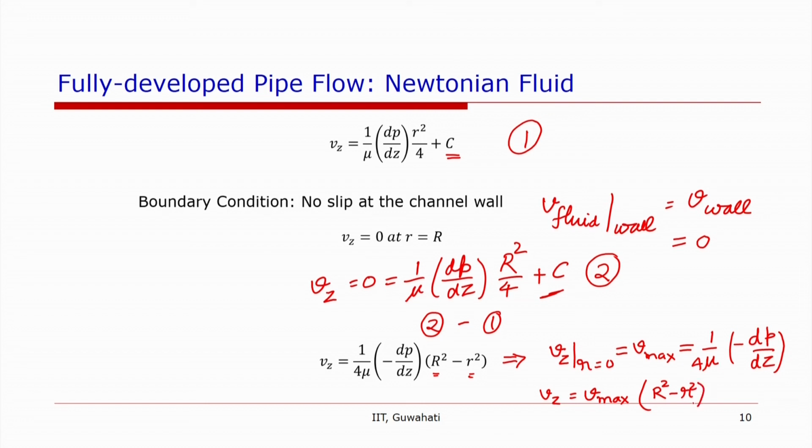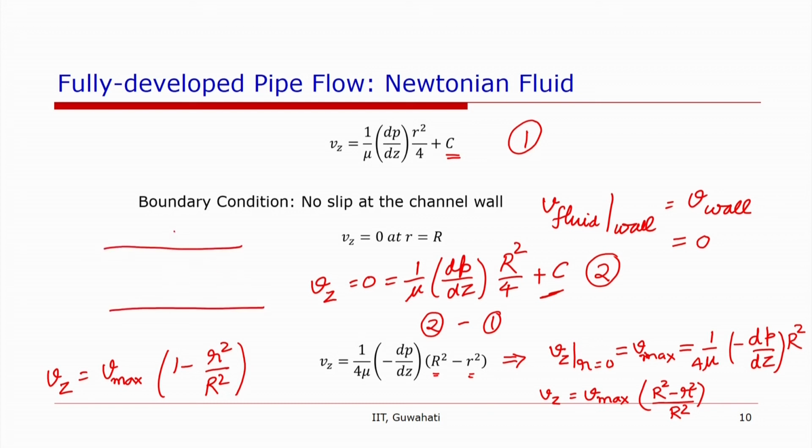Dividing V by V max, we get Vz equal to V max into 1 minus small r square by capital R square. This is a parabolic velocity profile, which is also known as Hagen-Poiseuille flow.